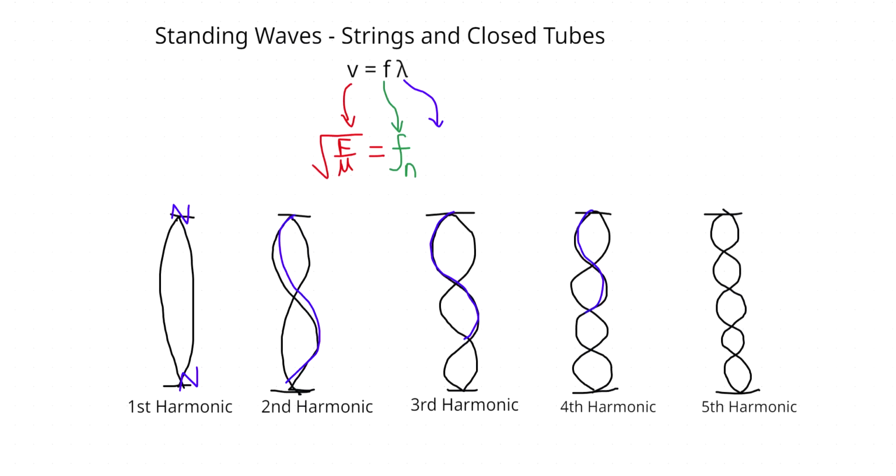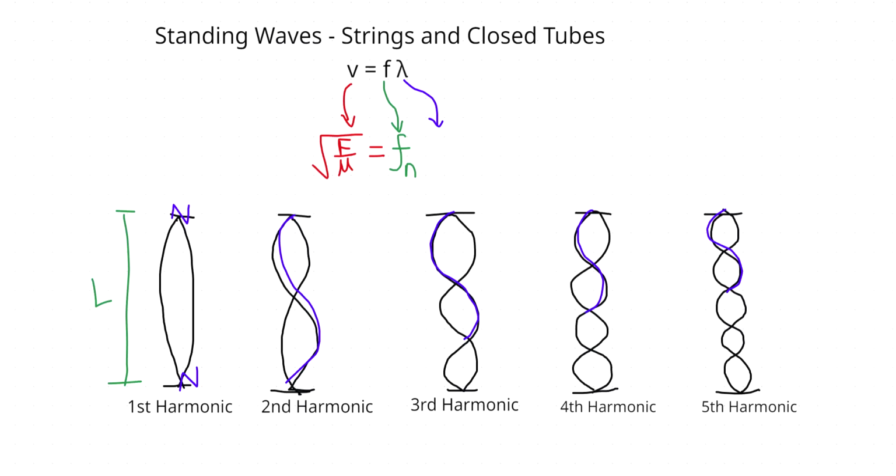So then how do we determine the wavelength? Well, the wavelength is going to be a fraction of the length of this string, right? So this is a distance measurement. So if we need the wavelength, we need what we're going to call L, which is how long is the string. And so what fraction is that going to be? So with our first harmonic, we might note that the wave pattern here is not even a full wavelength, right?